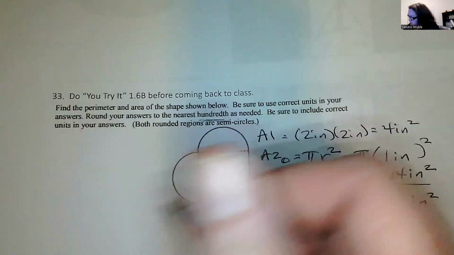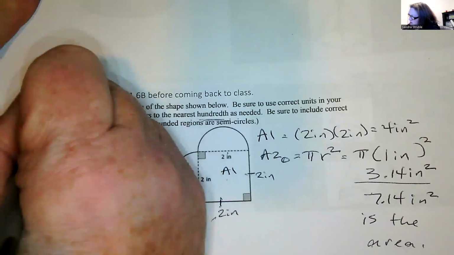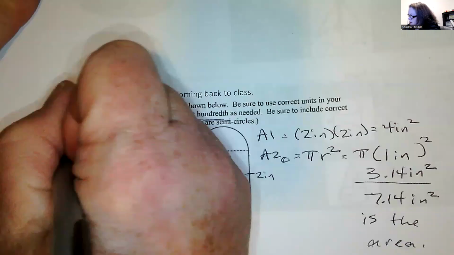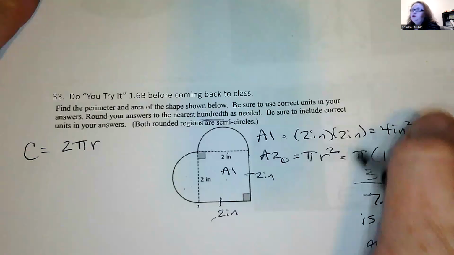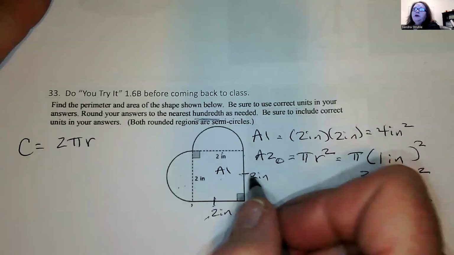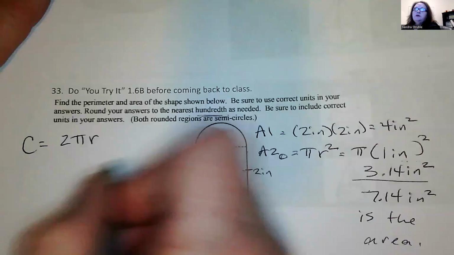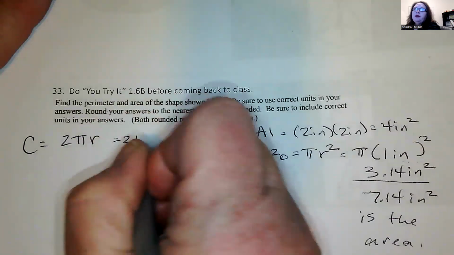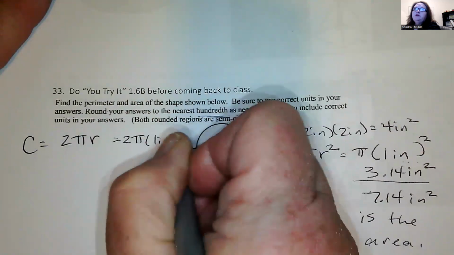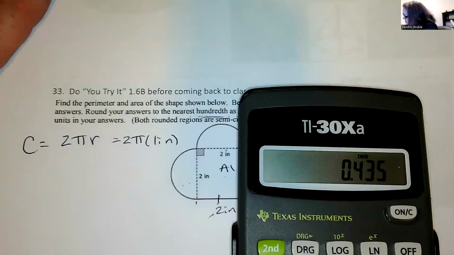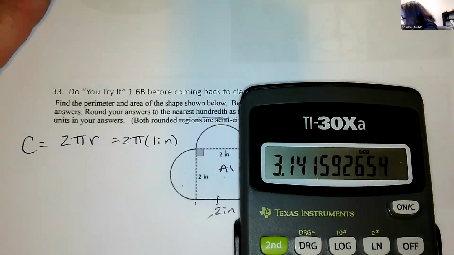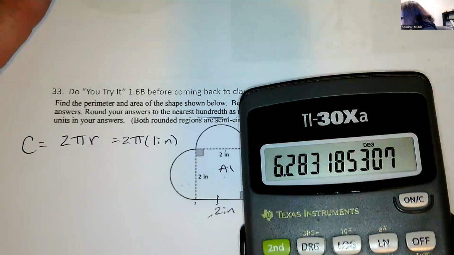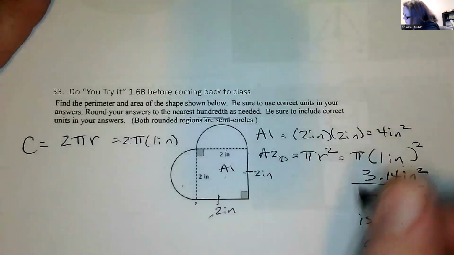All right, so the circumference, and we're using 2 pi r. You could use pi d, it doesn't matter. We already know 1 inch is the radius. So that's 2 times pi times 1 inch. So that's pi times 2 is 6.3. No, we're going to the hundredths.